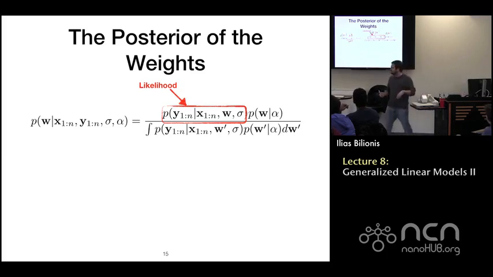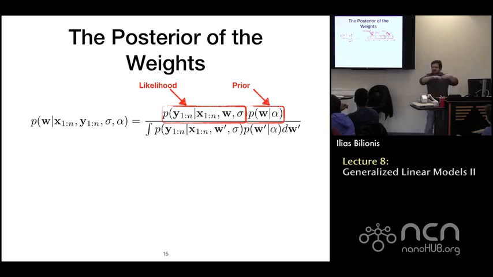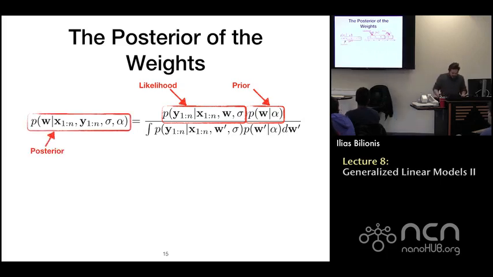It's the product rule. Okay? So this probability is proportional to your likelihood times your prior. Okay? And this guy right here is just a constant that's going to make this thing, prior times likelihood, integrate to 1. On the left-hand side, you have what we call the posterior. I'll talk about this like 1,000 times.